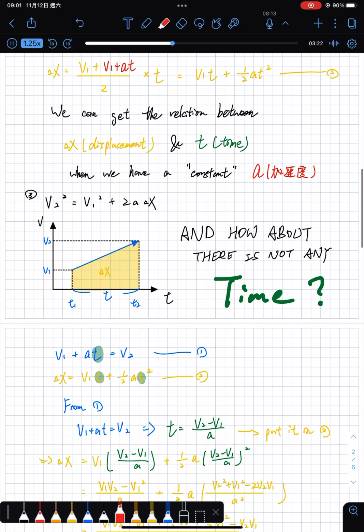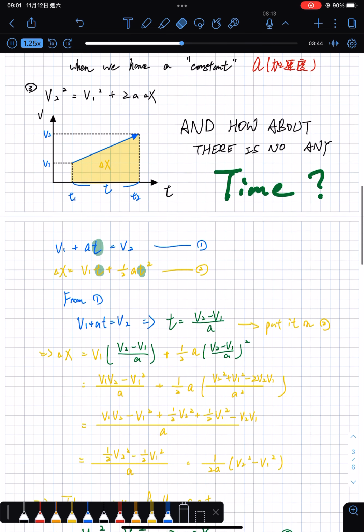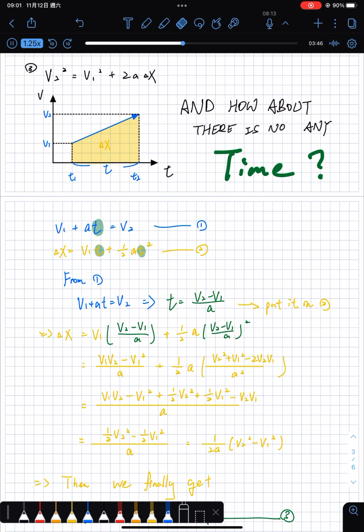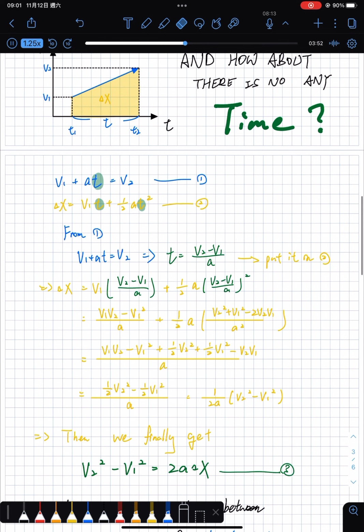So we can get the relation between delta x and time when we have a constant a. And third, v2 squared equals v1 squared plus 2a delta x. And how about when there is no time? We have the time in formula 1 and formula 2, but there is no t now. So we put formula 1 into formula 2, and it eliminates the t.